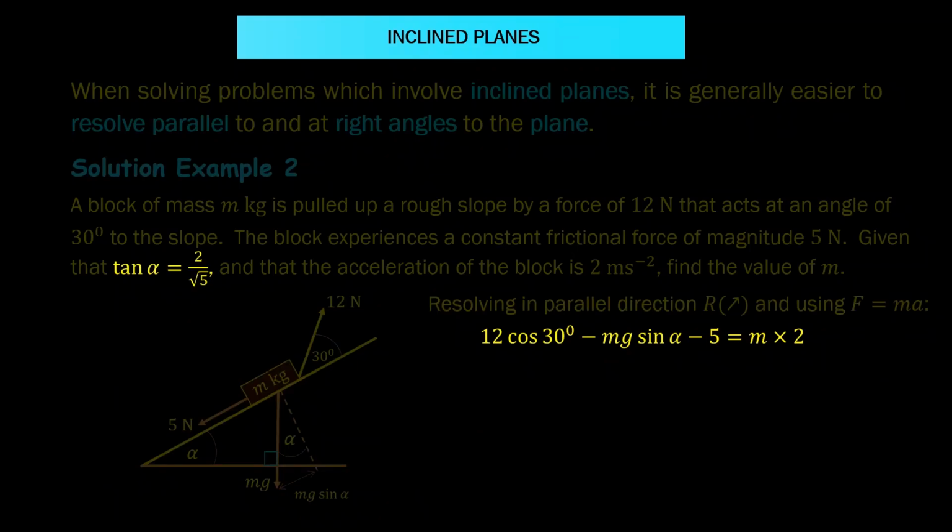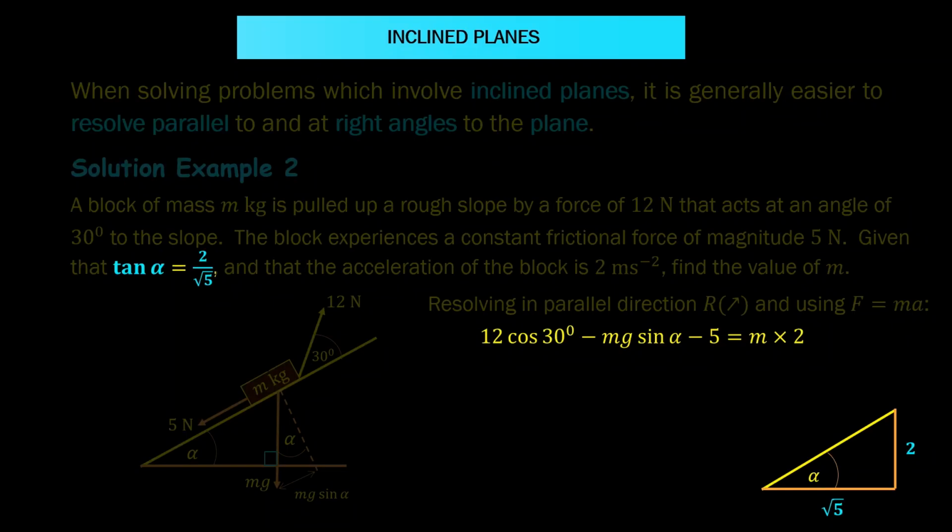Now, since we have tan alpha equals 2 over root 5, we can use a right-angled triangle to help us find sine alpha. So first use Pythagoras to give us the value of the hypotenuse, as shown. And this value of the hypotenuse is, of course, 3. Now we can find sine alpha. This is going to be equal to opposite over hypotenuse, so 2 over 3.